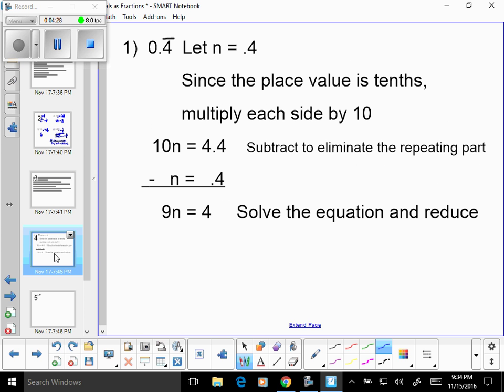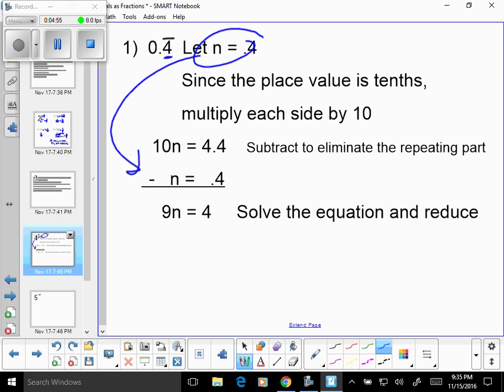0.4 repeating. We let n equal 0.4 repeating. Since this place value is tenths, I will multiply each side by 10 and get 10n equals 4.4 repeating. Now I'm going to subtract to eliminate that repeating part. So I bring this part down here and I subtract.